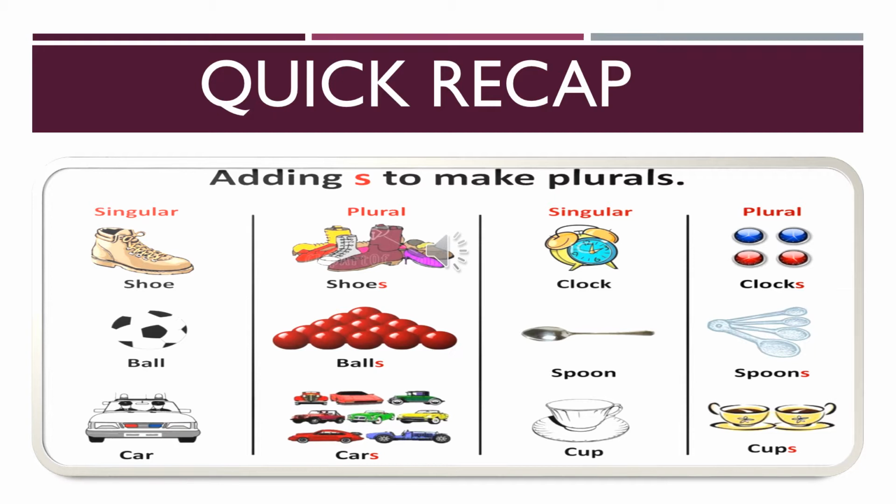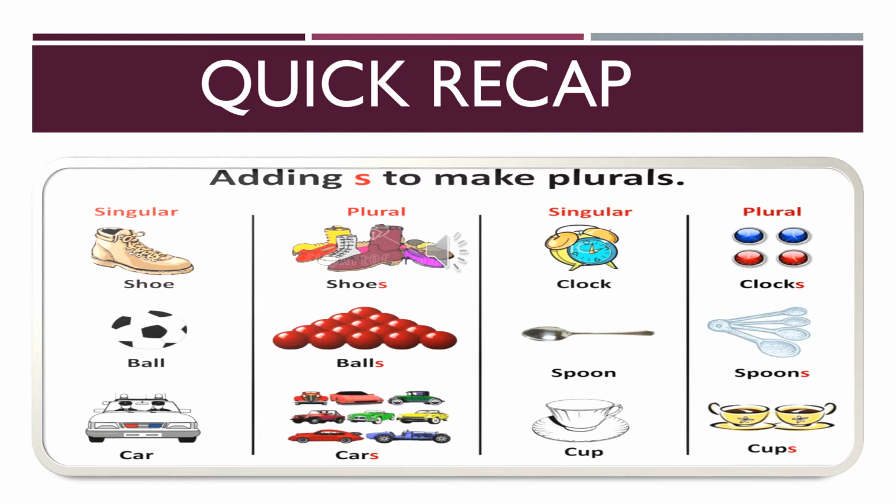These singular nouns we can make plural by adding s. For example, shoe is singular and the plural of shoe is shoes, which means by adding s we can make the plural of shoe. In the same way, ball, and by adding s we make the plural balls. Car, and the plural is cars.